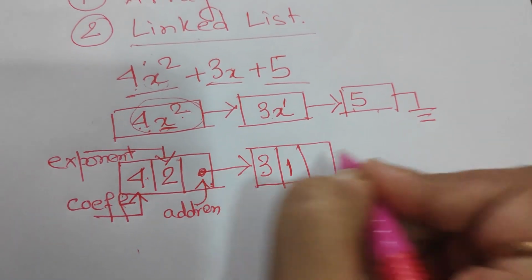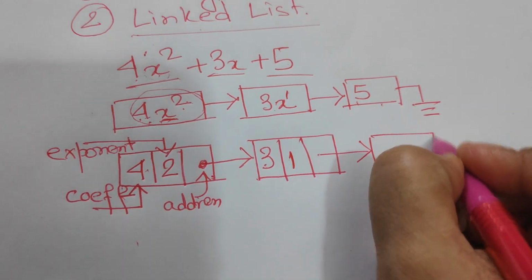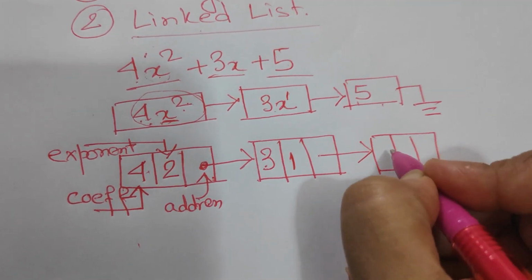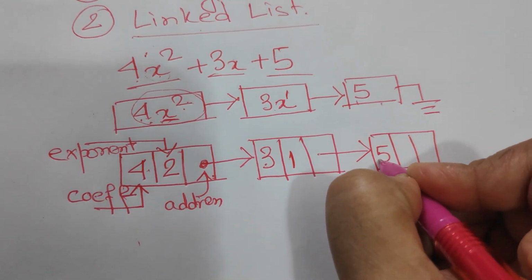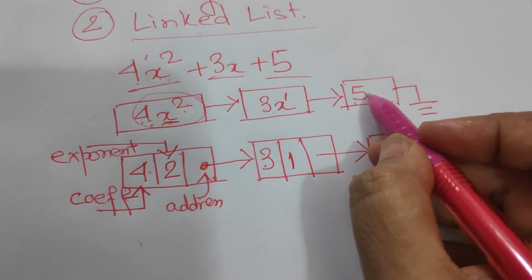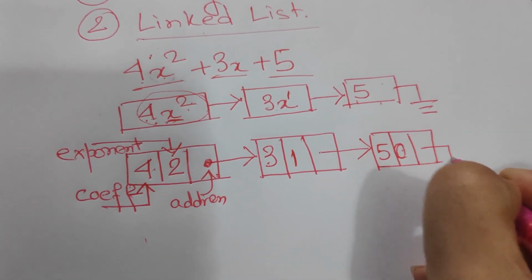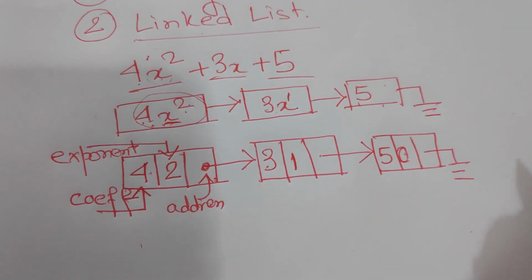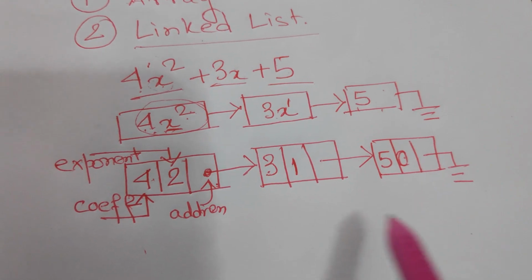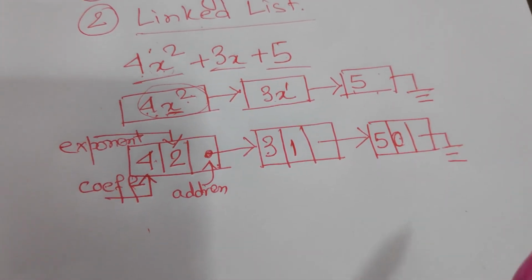So, 1. This stores the address of the next node. This node will also contain 3 parts. This will be the coefficient. This will be the exponent. I told you 5 means 5x to the power 0. So 0. And this will store null. Clear? So this is how a polynomial is represented using a linked list.